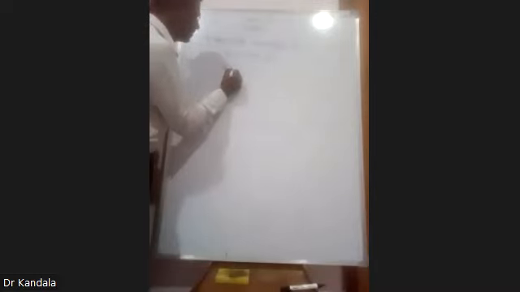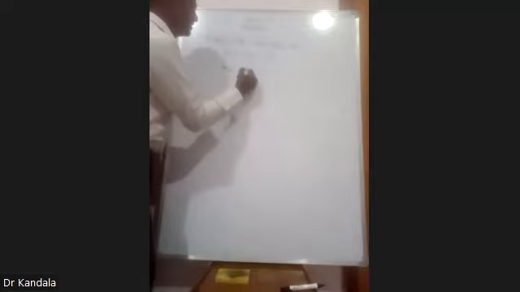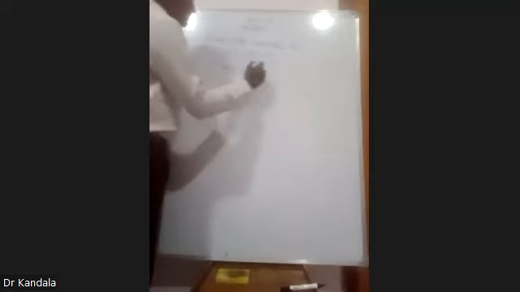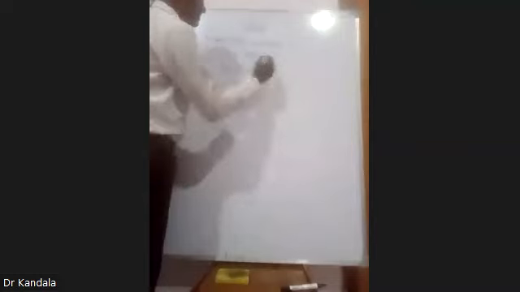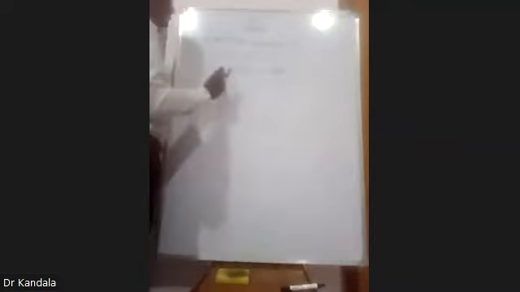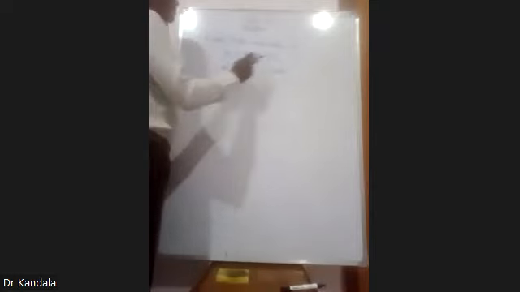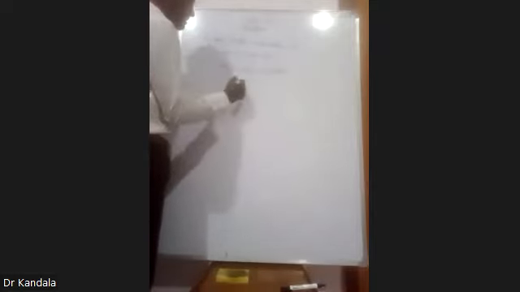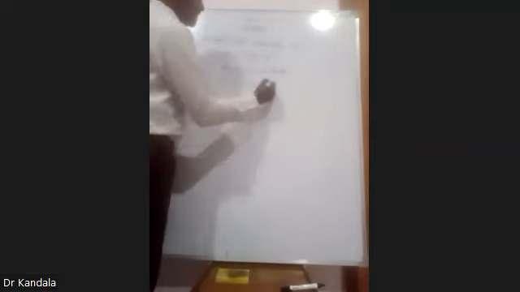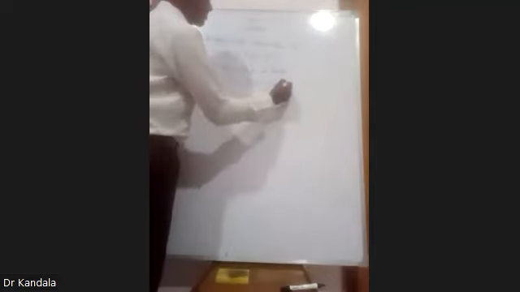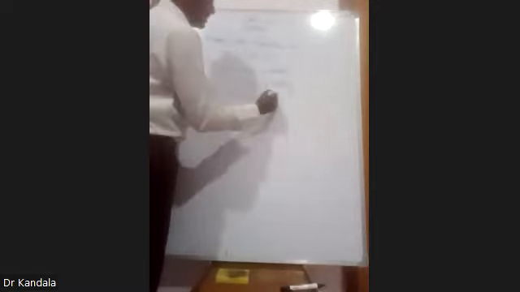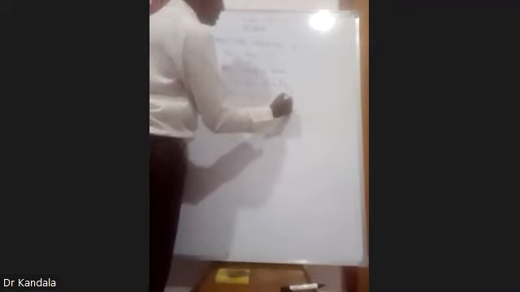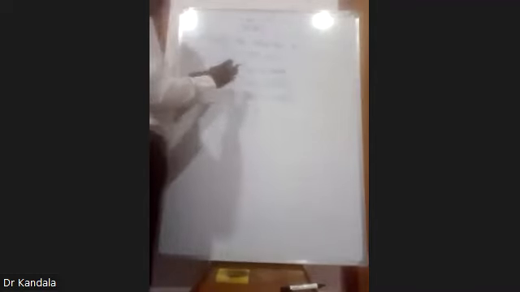Any metal oxide, when treated with water, produces metal hydroxide: sodium oxide gives sodium hydroxide, calcium oxide gives calcium hydroxide, magnesium oxide gives magnesium hydroxide.